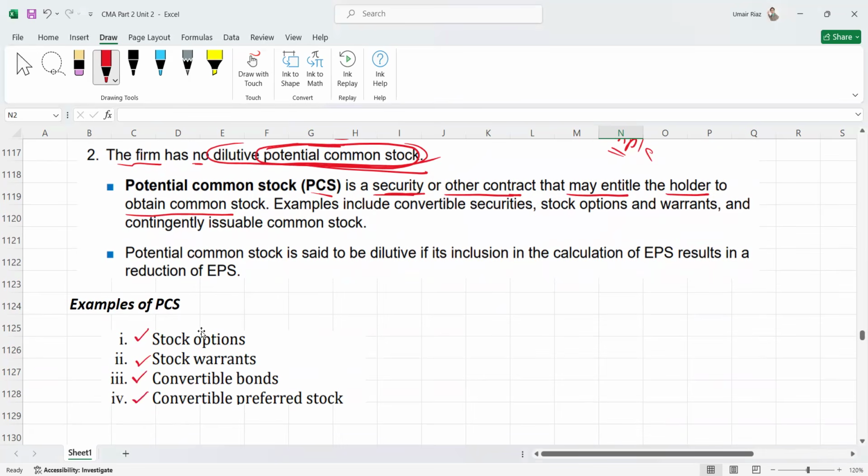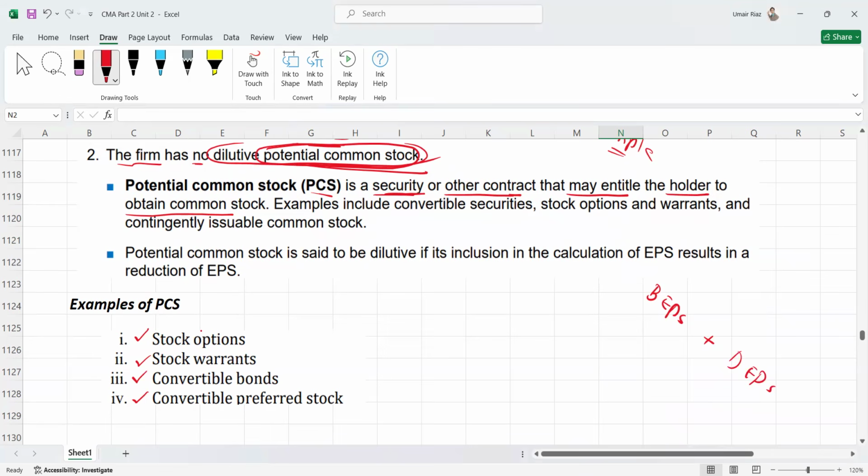If you have any one of these securities, or if you have preferred shareholders in your capital structure, then we call it a complex capital structure. In case of a complex capital structure, we need two EPS. We need the basic EPS calculation, plus we need diluted EPS. Okay, guys. So this is the basic thing.